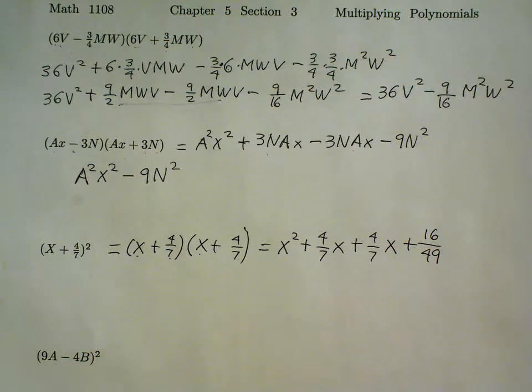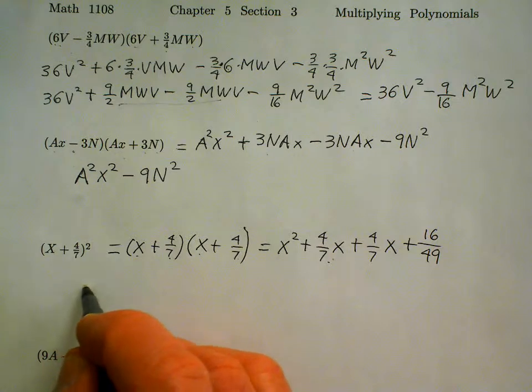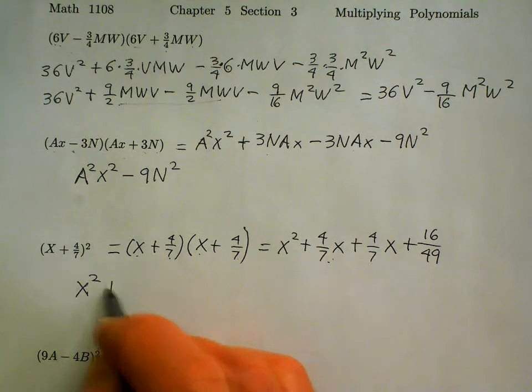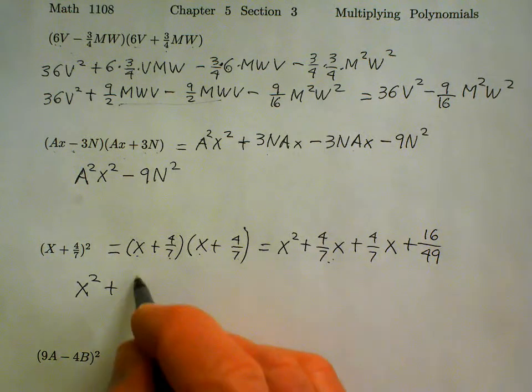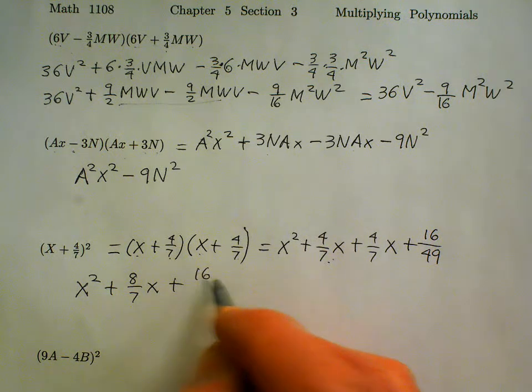Can we do any more on this one? The 2 middle terms, or the second and third terms, are like terms, so they can be combined by adding. So our simplified result is x to the second plus 8/7 x plus 16/49.